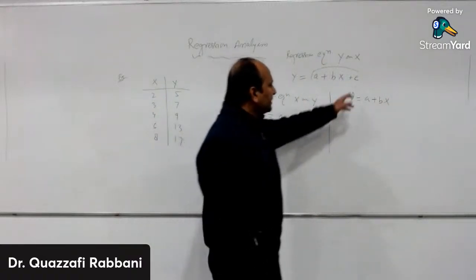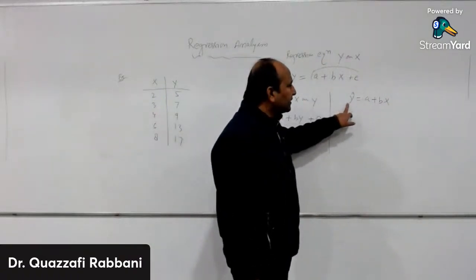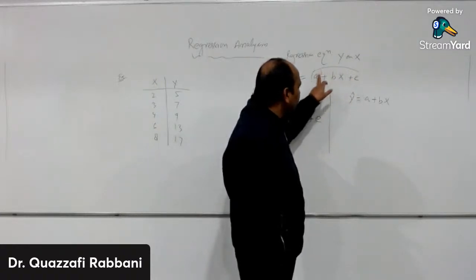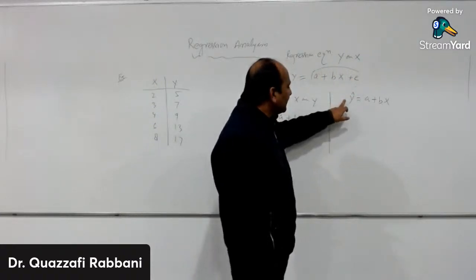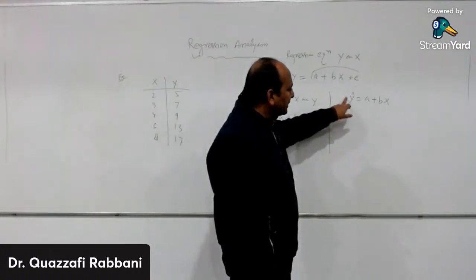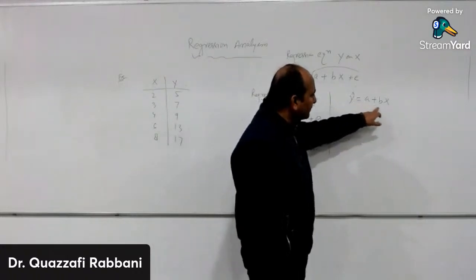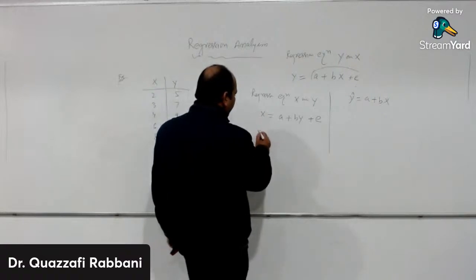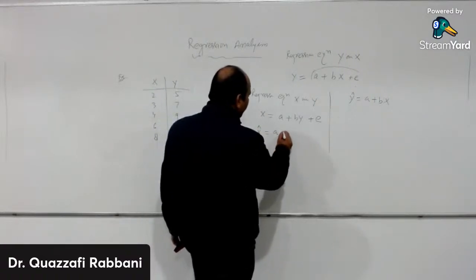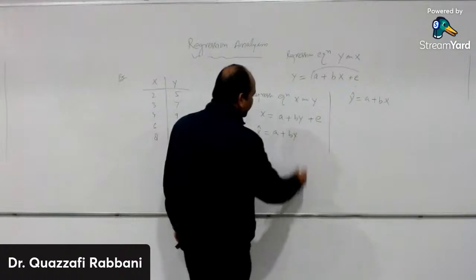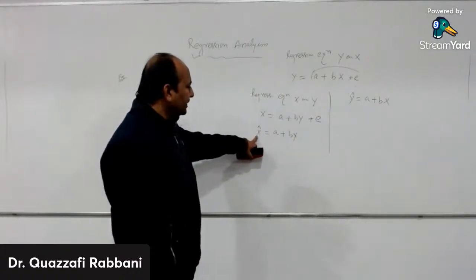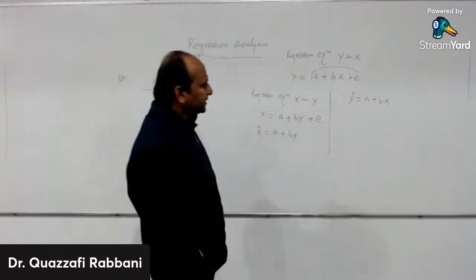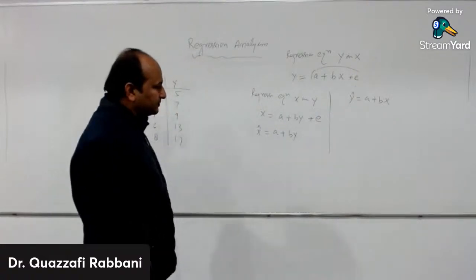After ignoring the error and solving this equation, you will get the estimated value of y. Similarly, for x, the estimated value is a plus by. We just put a cap on the variable, which is the estimated value, not the exact value.